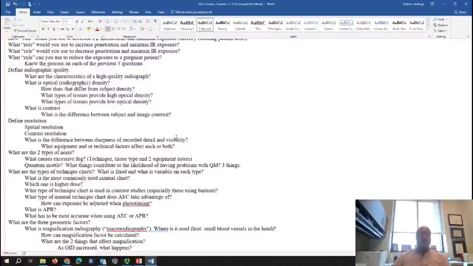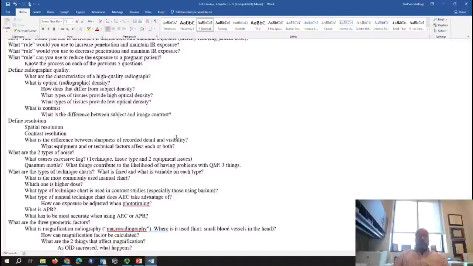We can have potentially, in part probably because of reciprocity failure, if we use very short exposure time, we could introduce quantum mottle. But if we use a very high KVP, remember that as KVP goes up for adequate exposure, we have a reciprocal relationship between KVP and mass. If we increase KVP and we reduce our mass using the 15% rule, we can get our mass so low that we introduce quantum mottle.